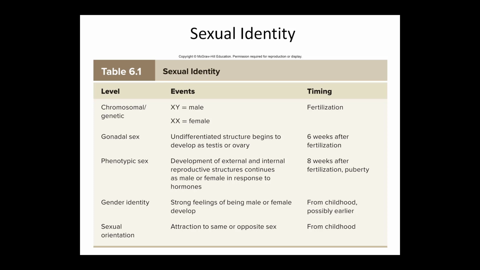So sperm which carry the Y chromosome will get stuck in that sticky mucus, and they will not make it to the egg. They might still be able to make it, but they have less of an advantage to make it to the egg cell. Sperm carrying the X chromosome are heavier, so they'll be able to travel through this thick mucus easier, and there's more of a chance of them reaching the egg cell. So basically, then you might have a baby girl, right?